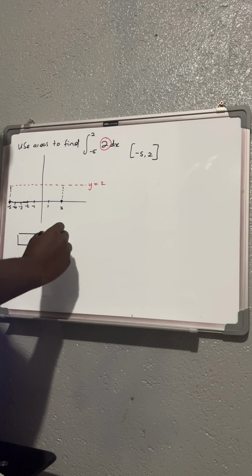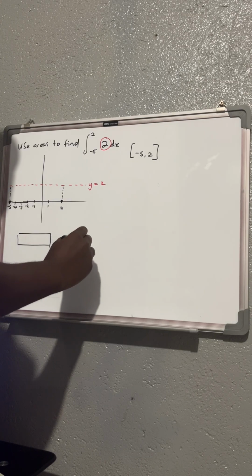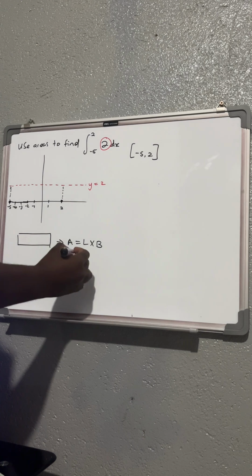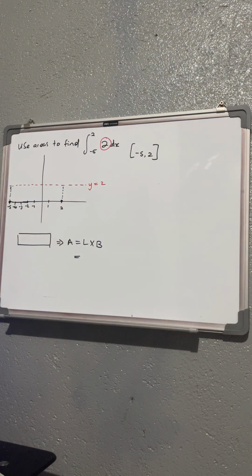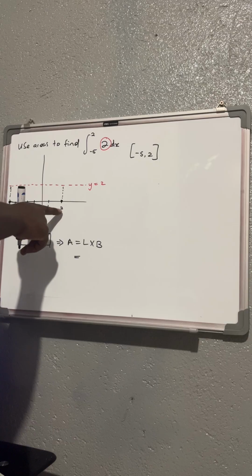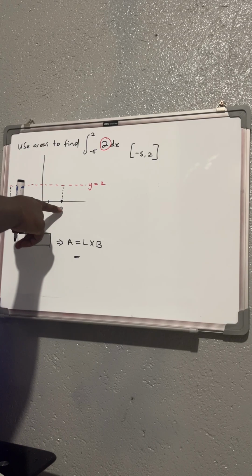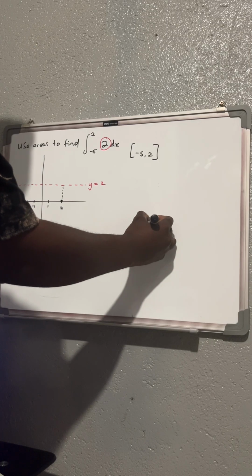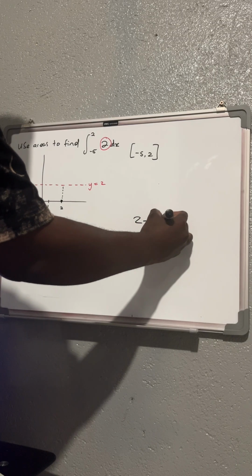And we said the area for this one is your length times your breadth. So what would be your length? Your length is basically from this side to this side. If it sometimes confuses you, you can also deduct. You'll say 2 minus minus 5.